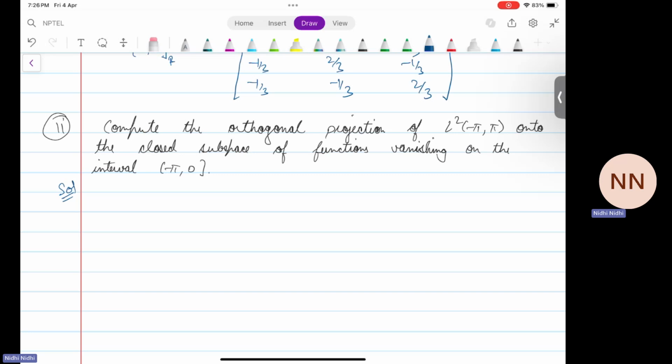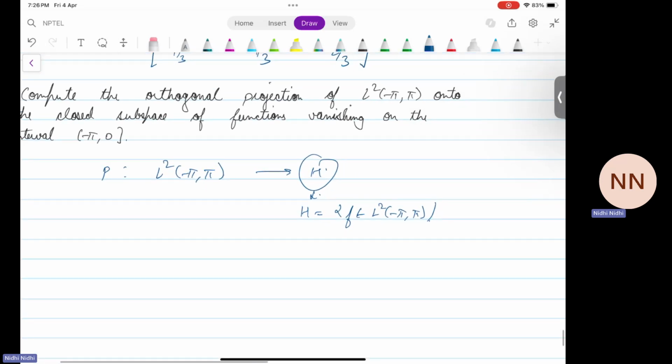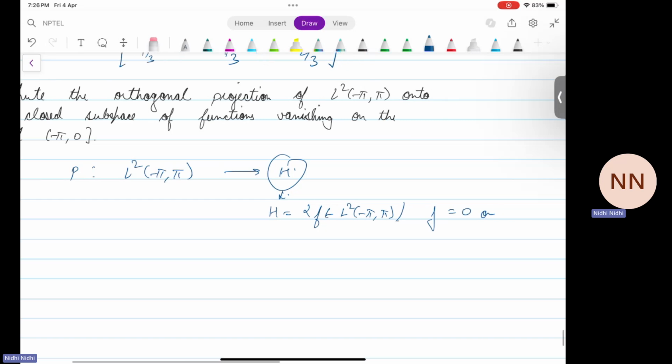So we need to find the orthogonal projection P from L2(-pi, pi) to some H, where this H is the space of all those functions in L2(-pi, pi) that vanish on the interval minus pi to 0. That means f is 0 on minus pi to 0.